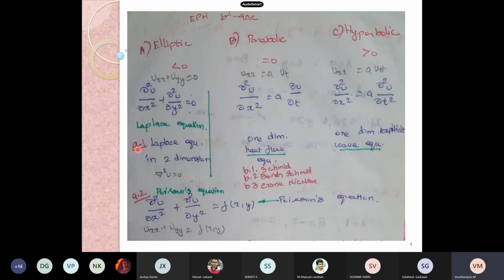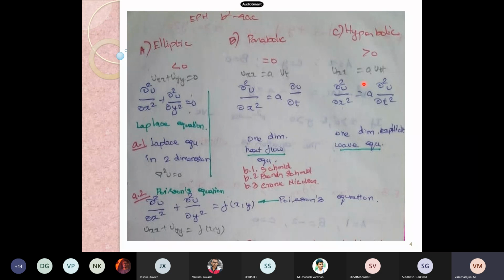That is, A1 is Laplace, A2 is the Poisson equation, B1 is Schmidt, B2 is Bender-Schmidt, and B3 is Crank-Nicolson, and under C, we are going to deal with the one-dimensional wave equation, the explicit wave equation. Here uxx is equal to utt, instead of y we converted it to t.